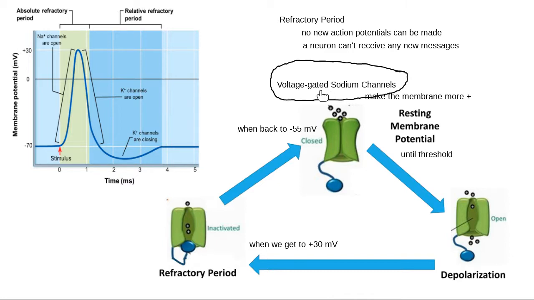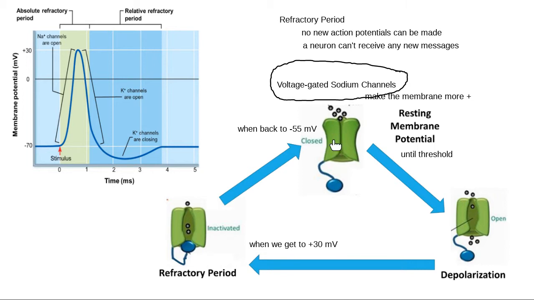So for as long as my voltage-gated sodium channels are open in some capacity, so as long as they're either open and letting sodium inside, or they're open with a plug, as long as my voltage-gated sodium channels are open, I absolutely cannot respond to another message.